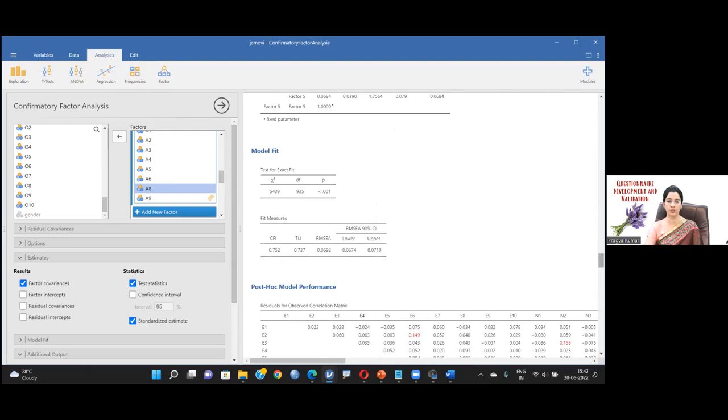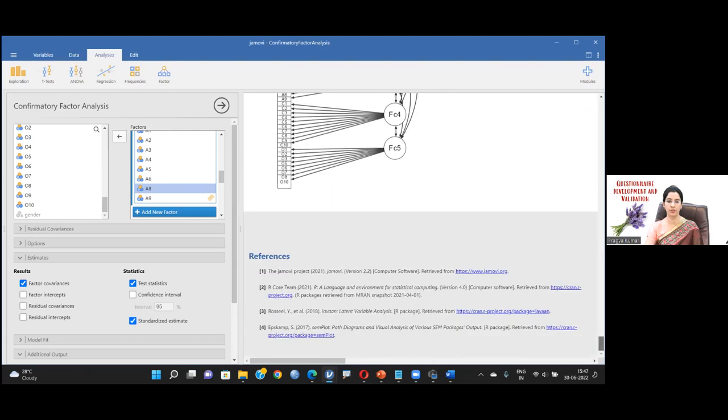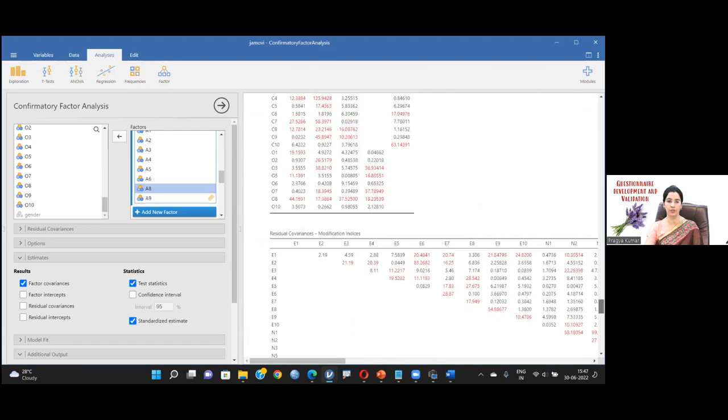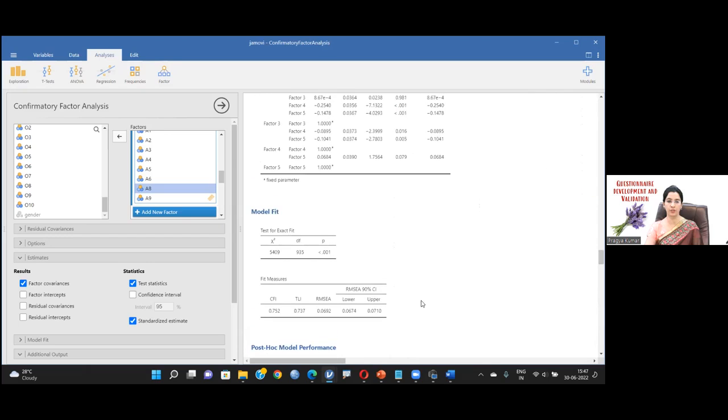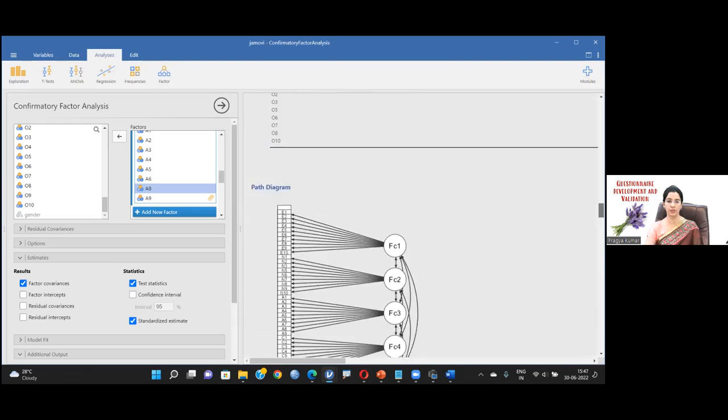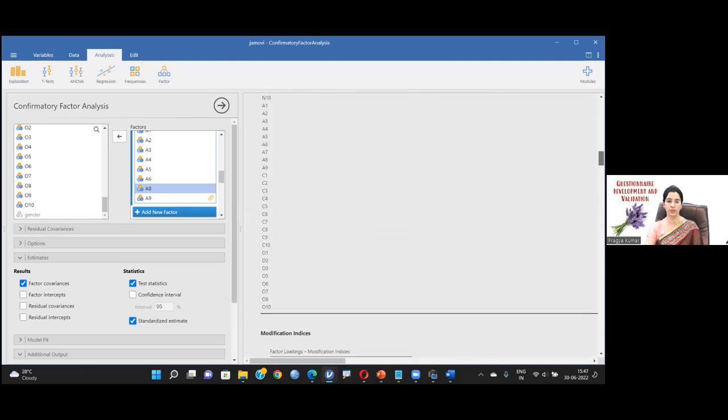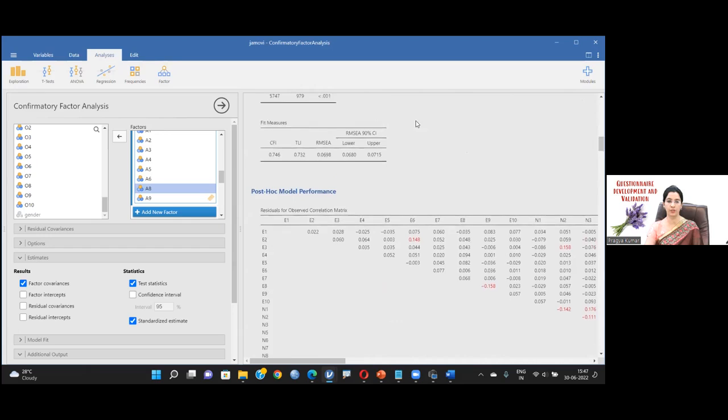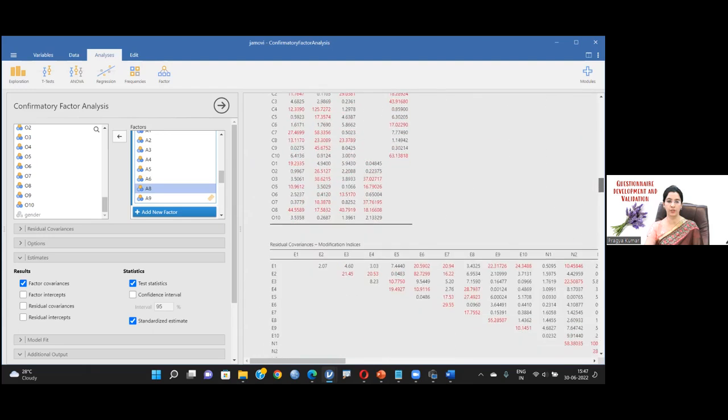The other values were 0.752 and 0.737. If you go up, yes, a little bit of improvement is there, from 0.742 to 0.75. So that is your model 2.